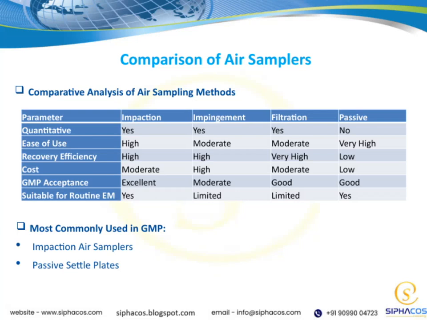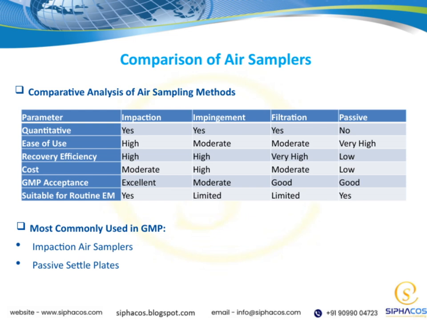Let's take a closer look at the most commonly used air sampling methods in GMP environments. First up are impaction air samplers, which are widely favored due to their high ease of use and excellent GMP acceptance. They are capable of providing quantitative results, making them reliable for routine environmental monitoring.